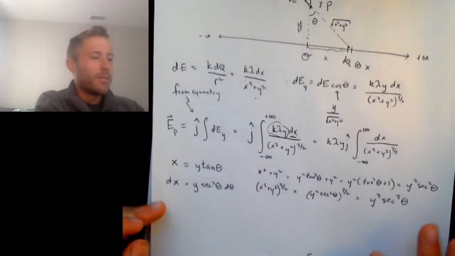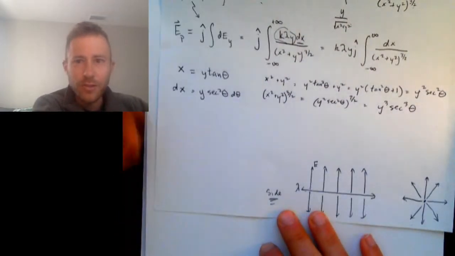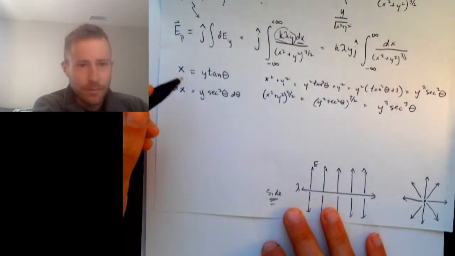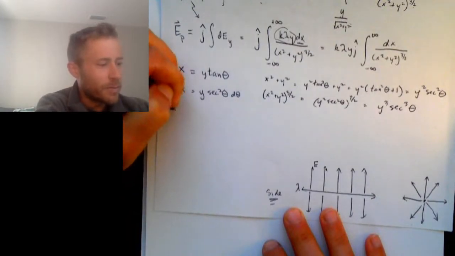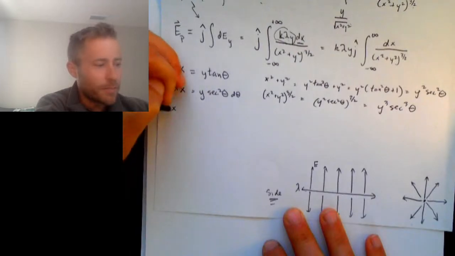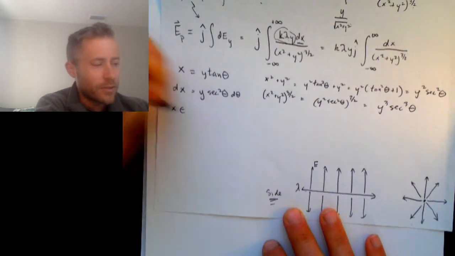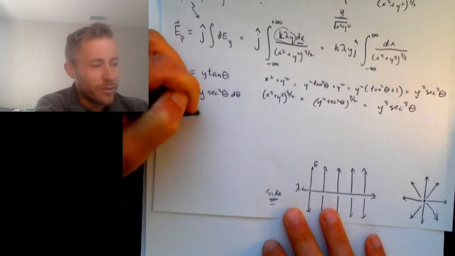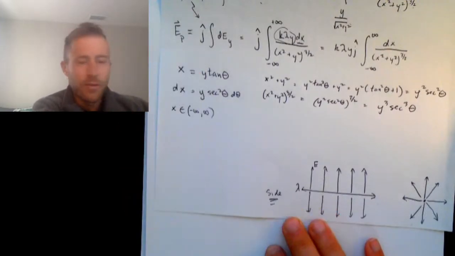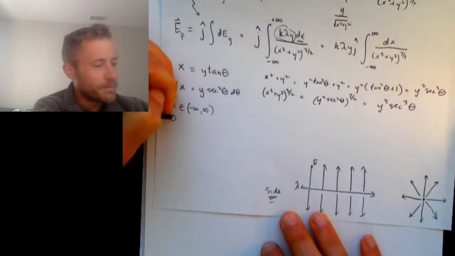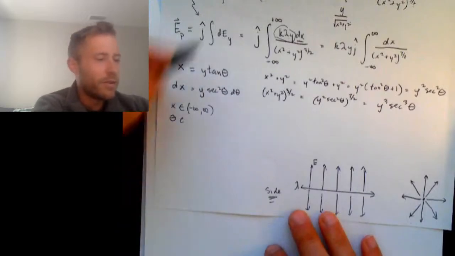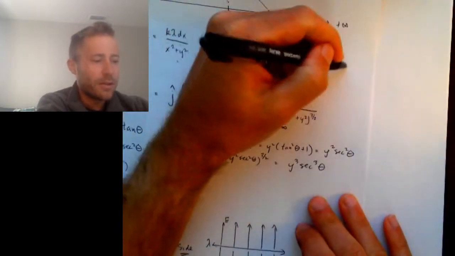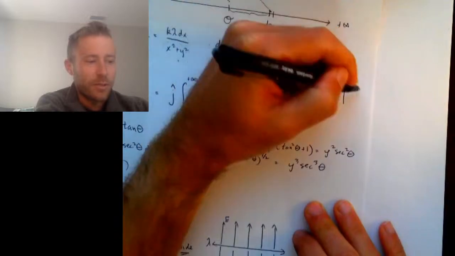And then lastly, I have to figure out what my limits of integration are. If x is in the range of minus infinity to infinity, then what does theta go from? Well, if we think about the graph of tangent of theta, here we have x and here we have theta.